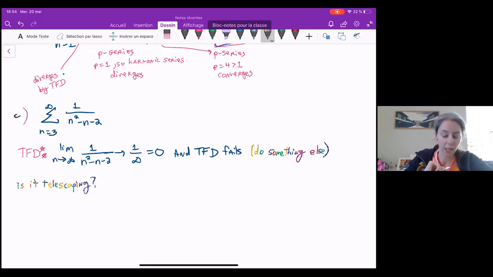Okay, so yes, we think it's telescoping. So we are going to now factor this thing. So that means we do partial fractions.